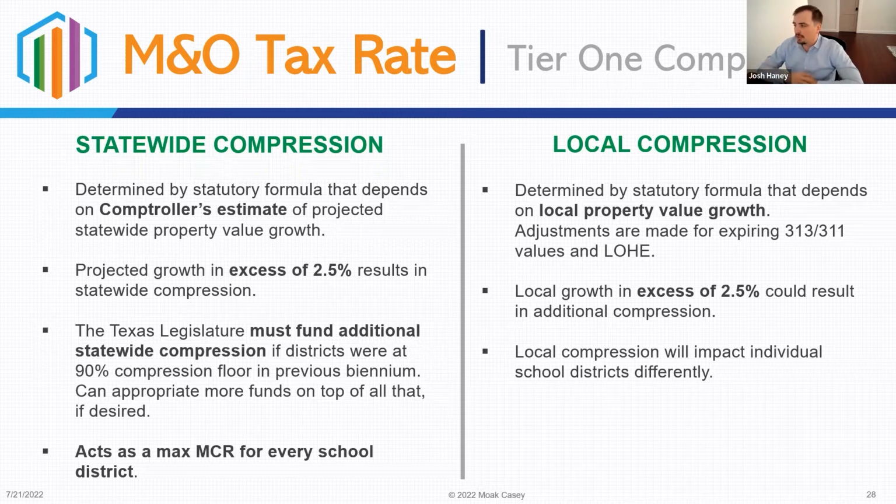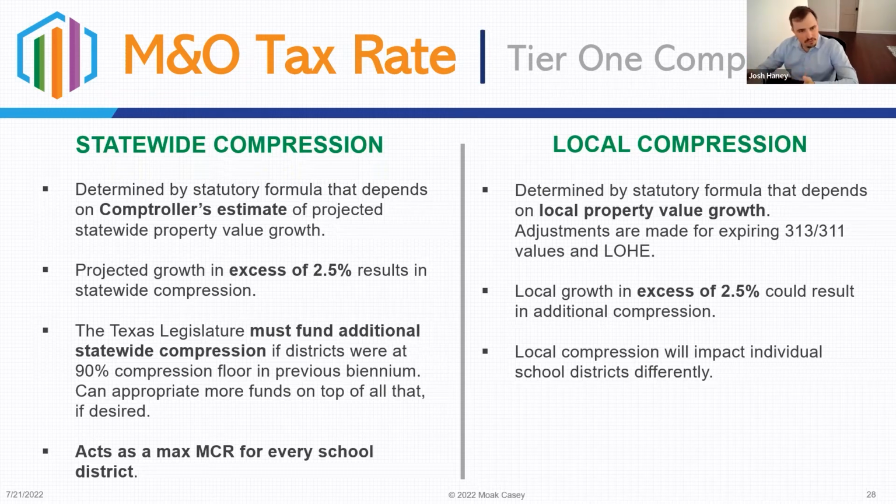Again, with local compression, there's a 2.5% threshold, similar to over on the state side. So if you're growing in excess of 2.5%, that could result in additional compression. Realistically, you have to outpace the state compression in a lot of cases to have additional compression.